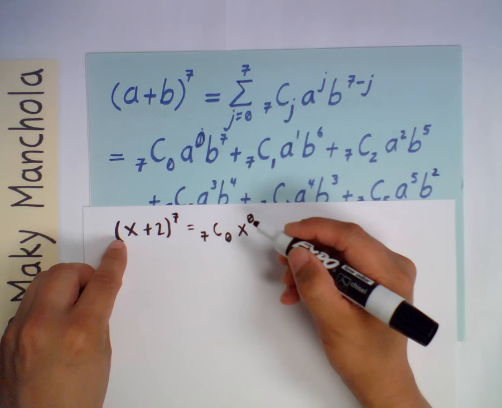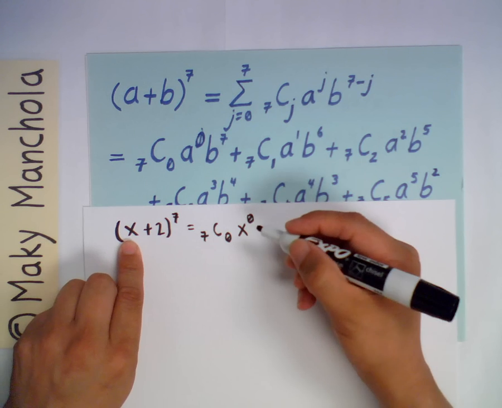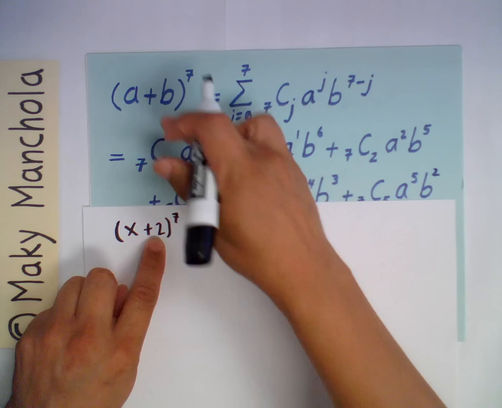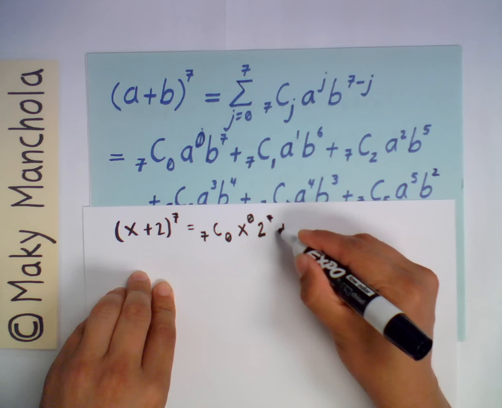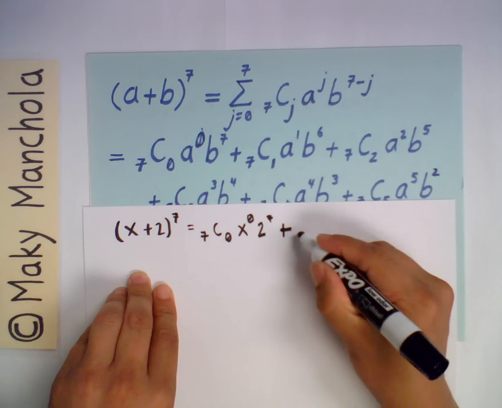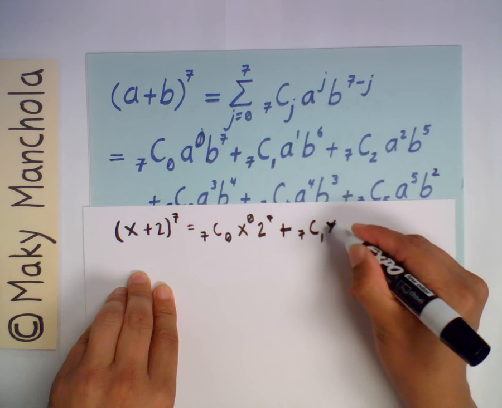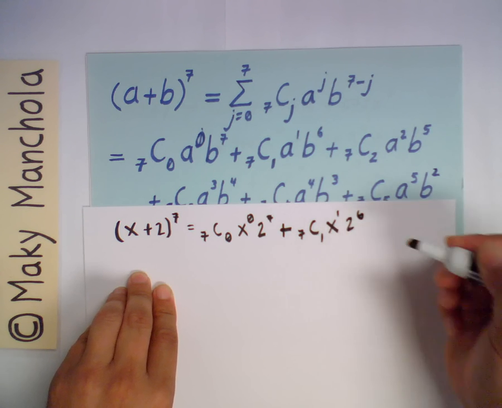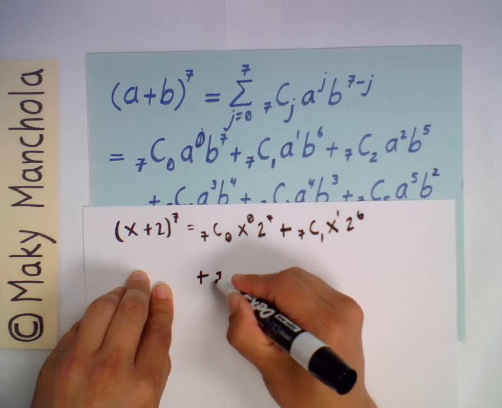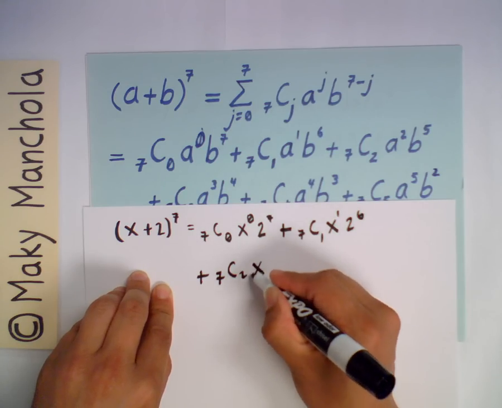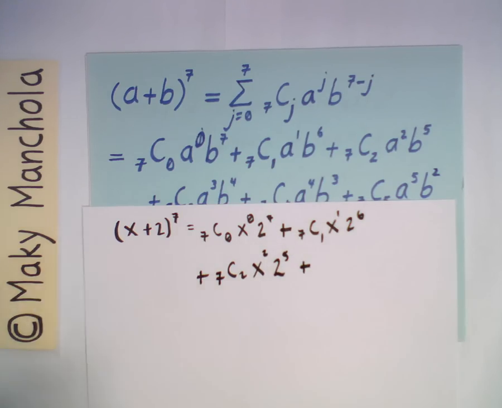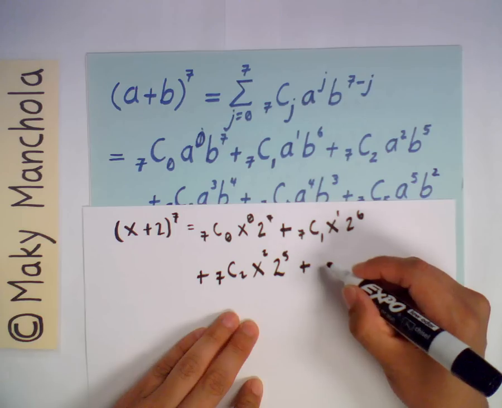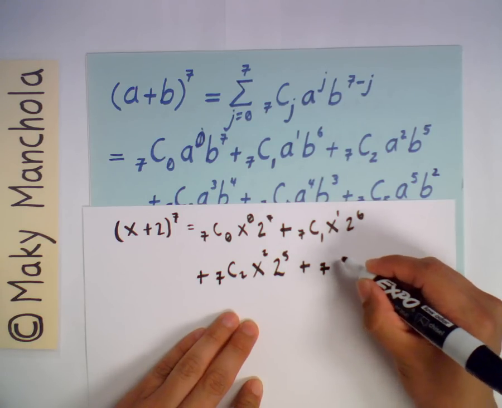Here the role of a is assumed by x, and the role of b is assumed by 2, so that will be 2 to the 7th, plus then 7 choose 1, x to the 1, 2 to the 6, plus 7 choose 2, x to the 2, 2 to the 5, plus, once you write enough terms, you notice that the pattern is easy to carry out.